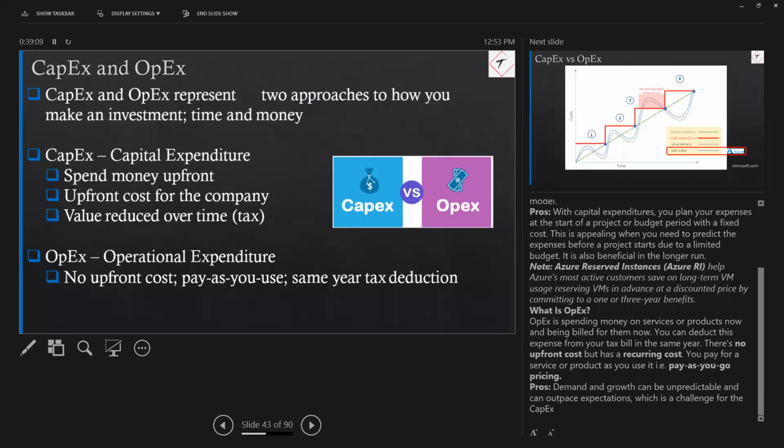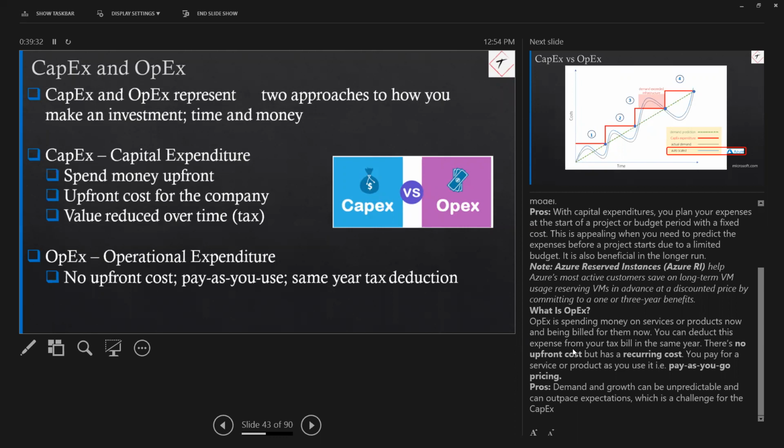those resources. Operational expenditure is money on services or products you are being billed for your use. You can deduct this on your taxes. The same here, you pay as you go for making use of the services.